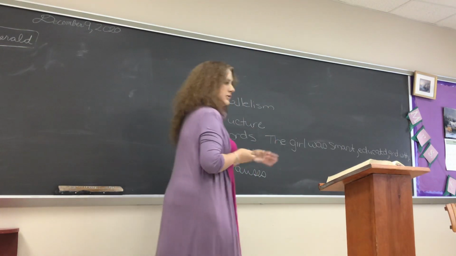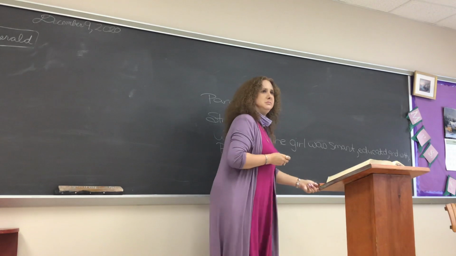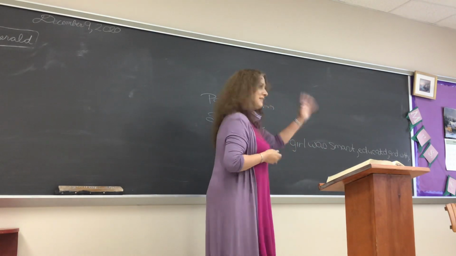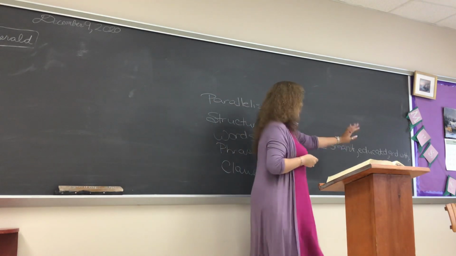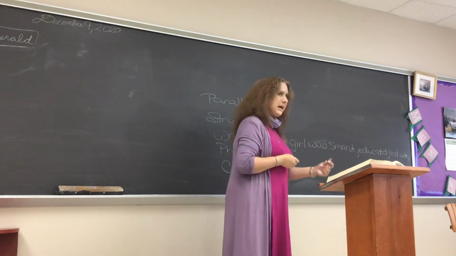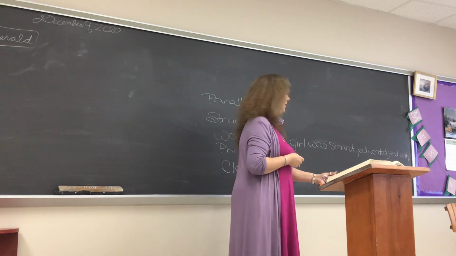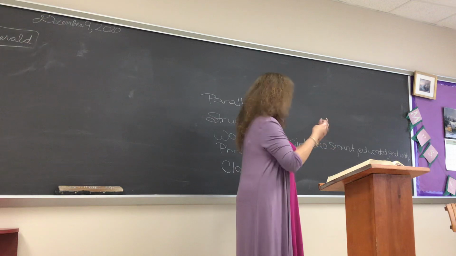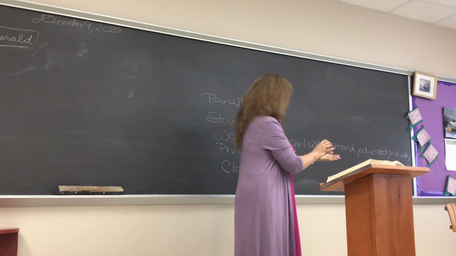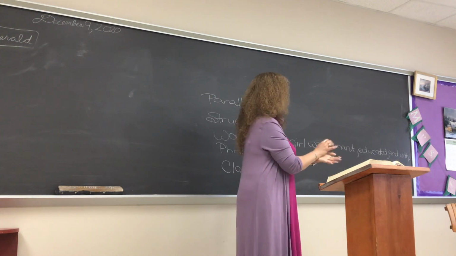What are our parallel structures here? Smart, educated, because that's the only thing you've got at least two of, right? Good. Smart, educated, and witty. These are all predicate adjectives, okay? And they're all one word, and they describe girl, okay?